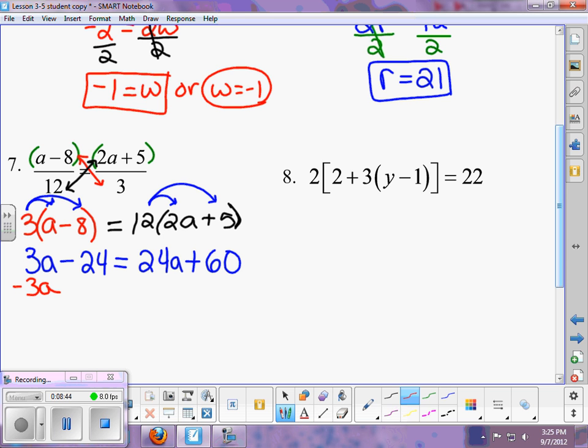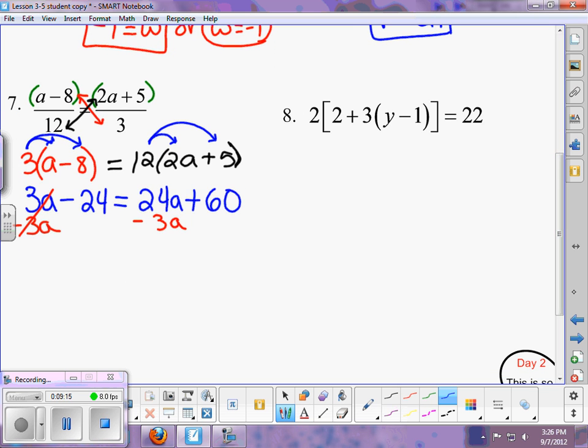The reason I suggest moving the 3a to the opposite side is because when I move that 3a, I have to subtract it from both sides. 24a minus 3a is going to give me a positive number. If I had done the opposite, if I would have subtracted 24a from both sides, then that would result in a negative number. Sometimes we just want to avoid that negative, and that's okay. For some people, it seems a little easier when they do it that way.